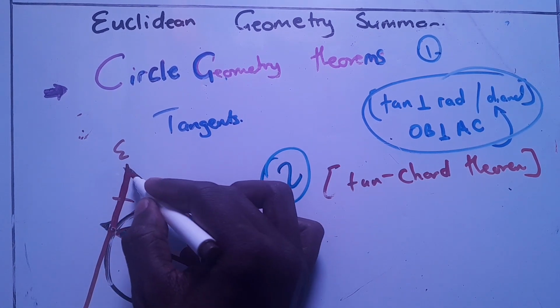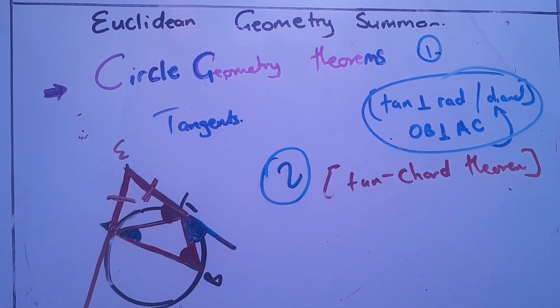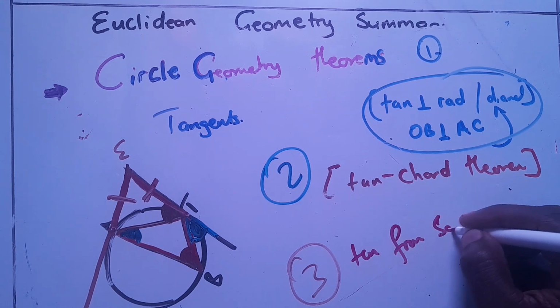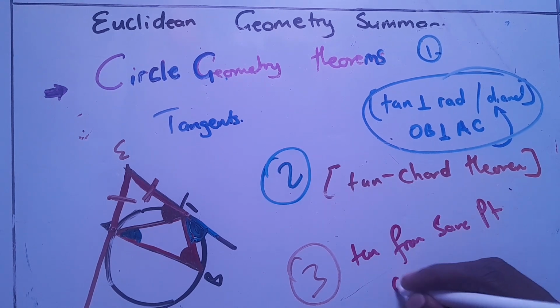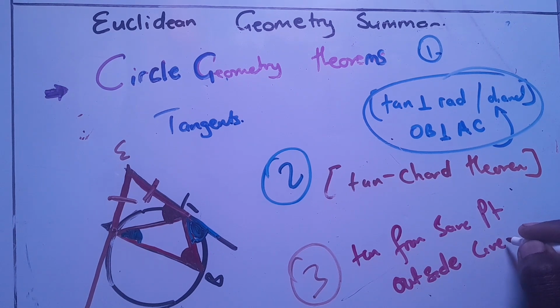So like this, this will always be equal to that. So always check for this as well when you are given two tangents at the same circle. So we can say tangents from the same point outside the circle are equal, right?